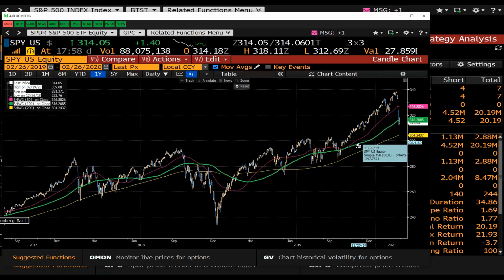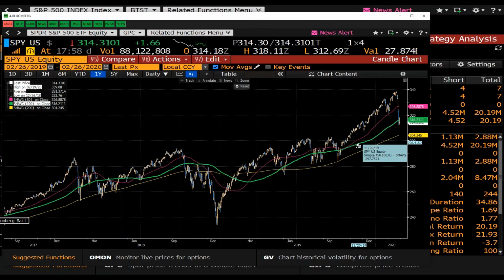So when it comes to indices, it is always about three different moving averages, and it is always about buying and selling that index when it crosses above or below that moving average. In this particular case, we're looking at the 50, the 100, and the 200 moving average, right?